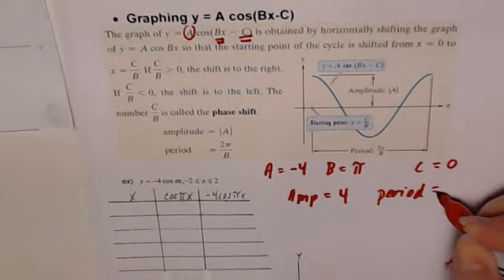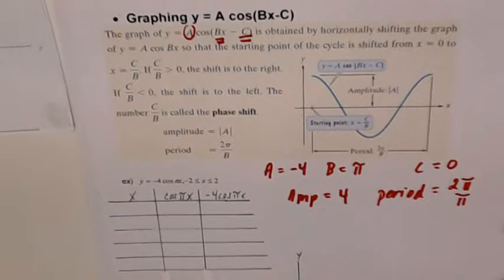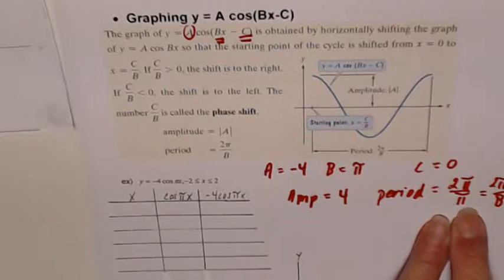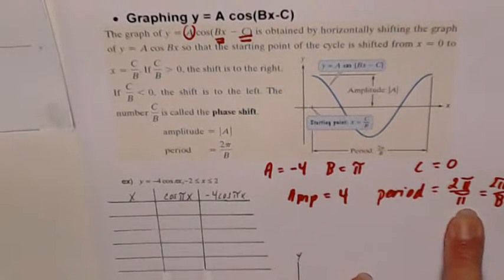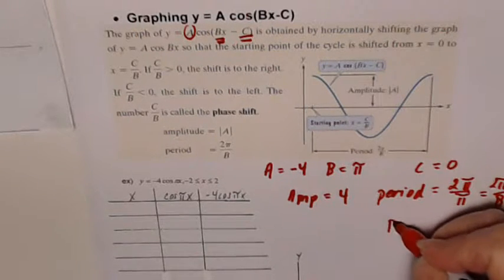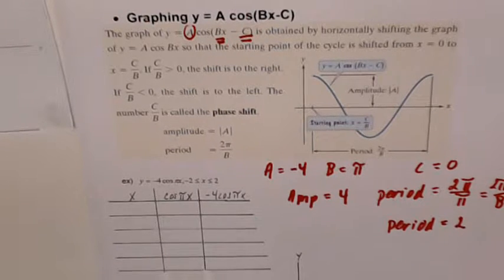Period, similar to sine, is going to be 2 pi over B. So let me do this here, 2 pi over B, and then because our B is pi, I put it in there. So the pi's cancel, and our period here is just 2.